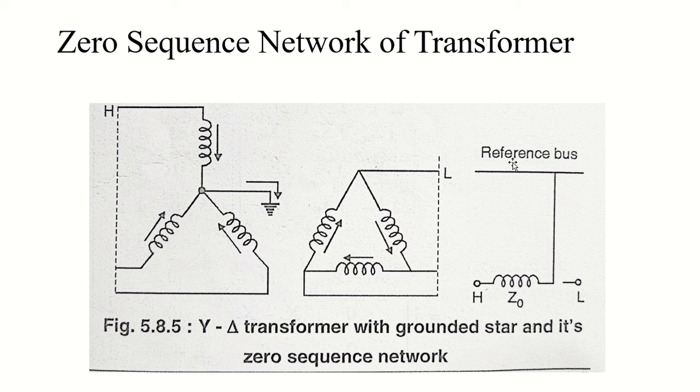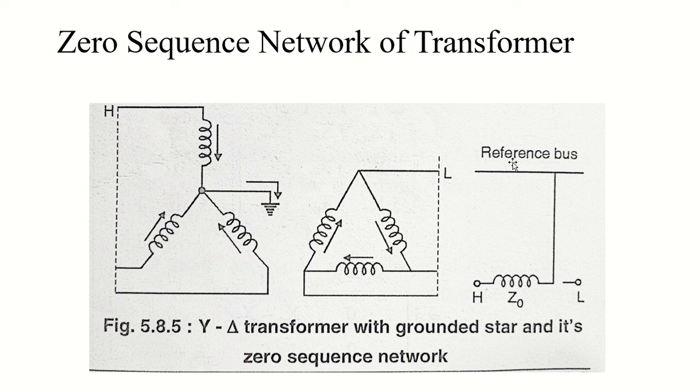The neutral of my star side is grounded, and because of that there will be presence of zero sequence current, so it will flow in the star because the path is available through the ground. But the balancing zero sequence current can only flow in the delta, and there is no current that can flow through the lines of the connected delta, right?